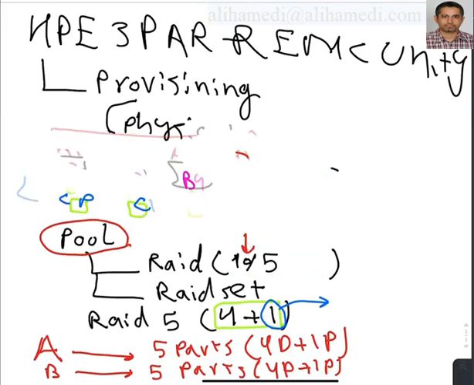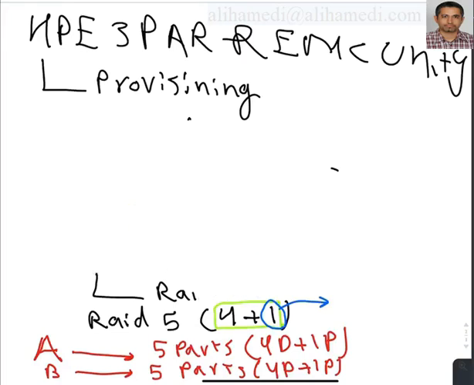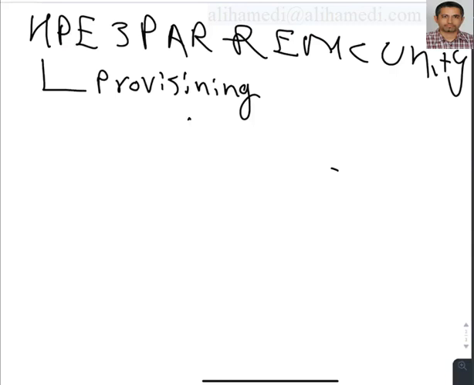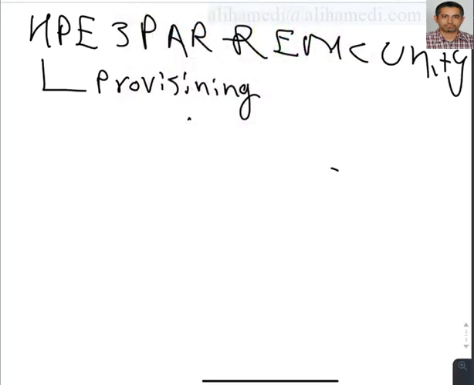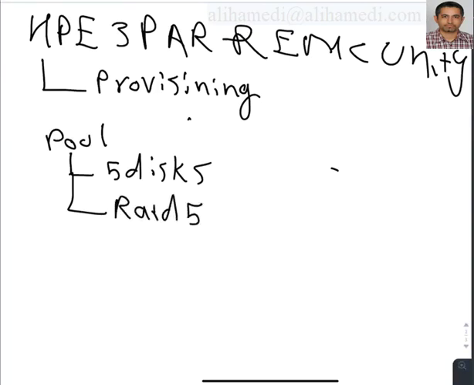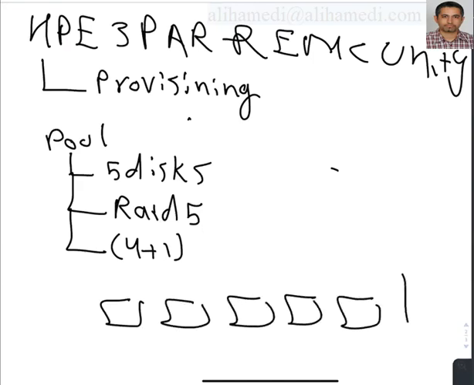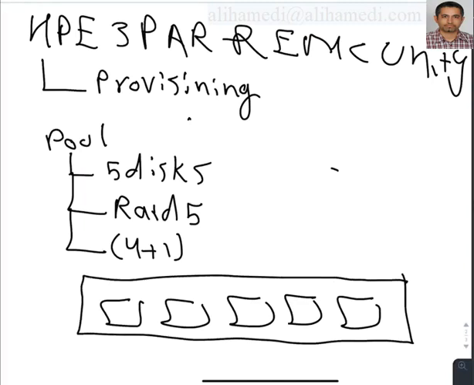We understand that in Unity storage, when we choose some disks in a pool, for example, in our example, if we create the pool with 5 disks, RAID 5 and RAID set 4+1, these 5 disks will be defined as an object like pool 1, and all of these disks are really locked in the pool object.